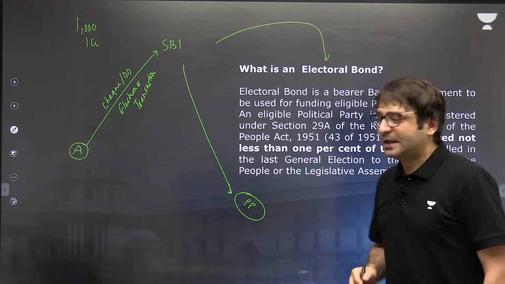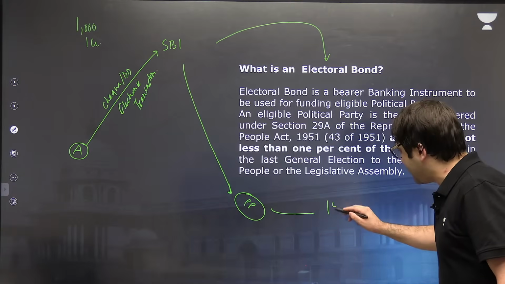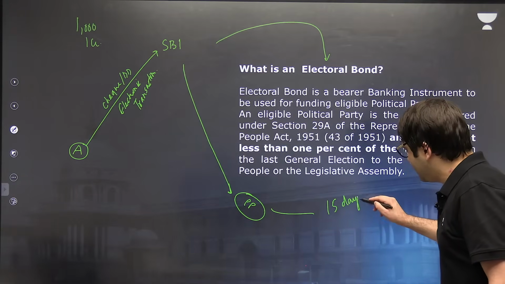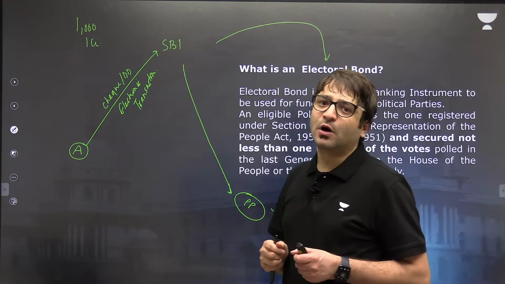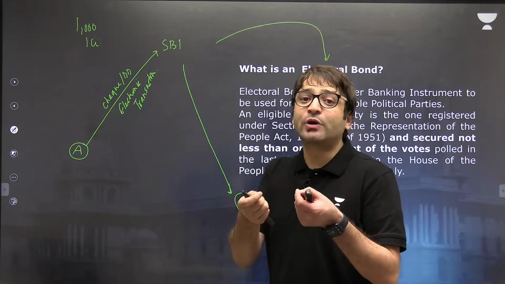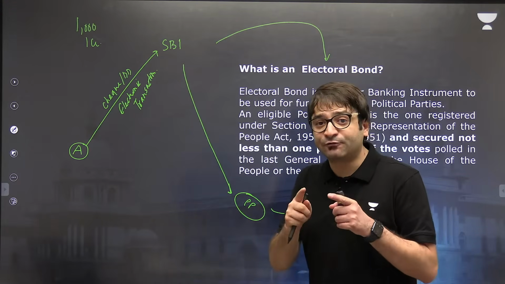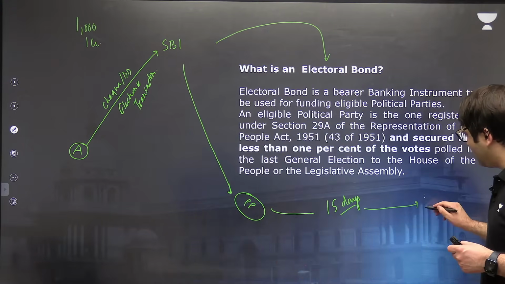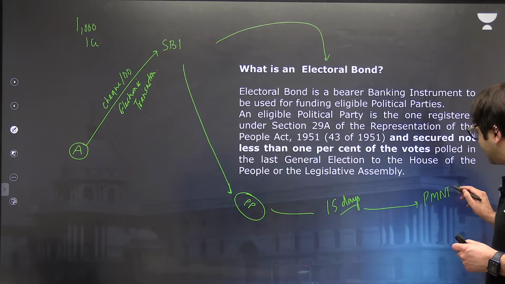And now this political party has 15 days to encash these electoral bonds. If not, then this money goes to the Prime Minister's National Relief Fund.